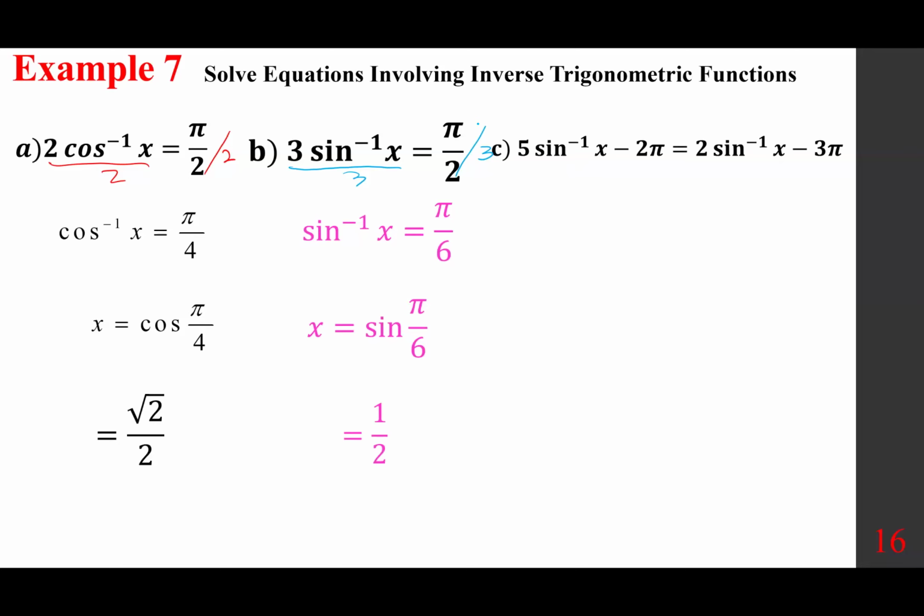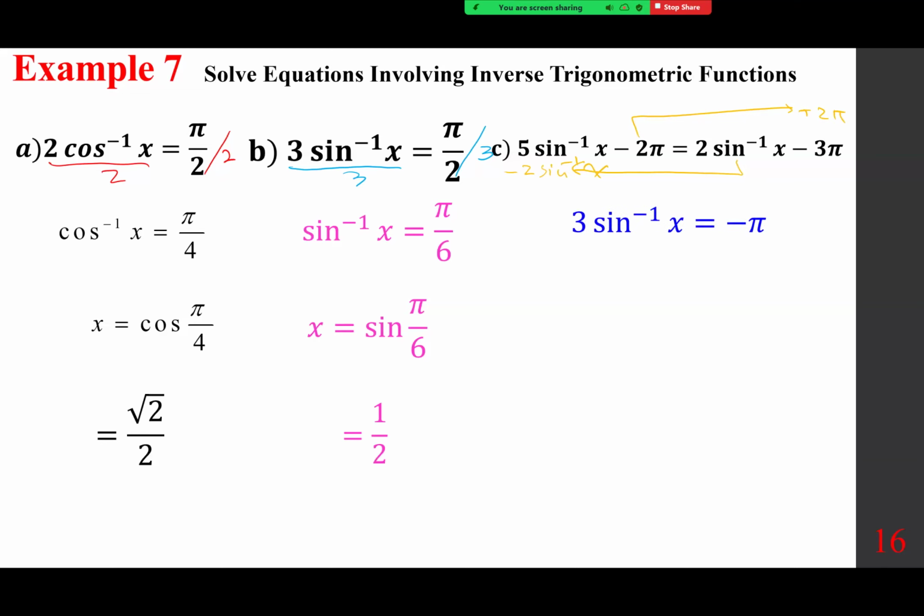We move things around as follows. We move this here. We make it minus 2 sine inverse of x. We make this positive 2 pi.